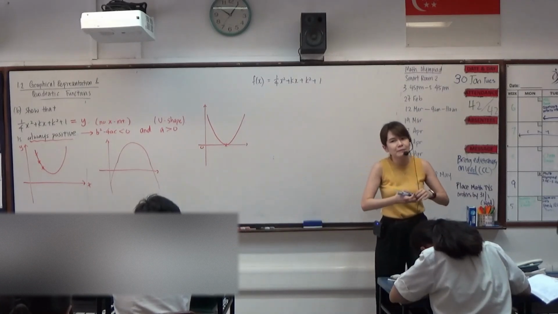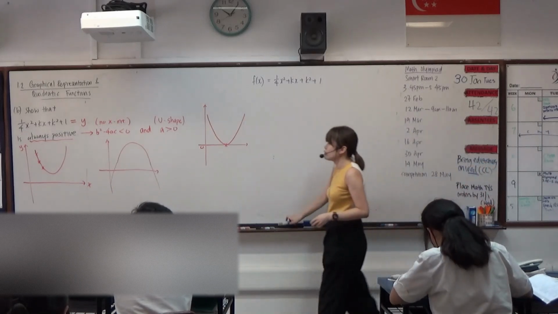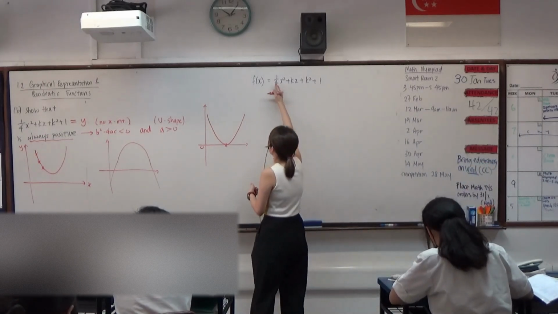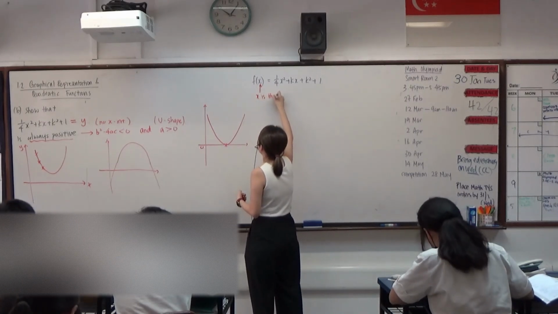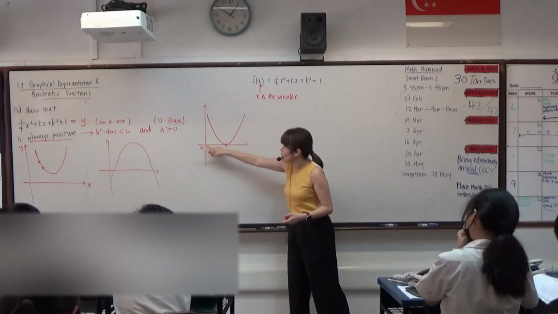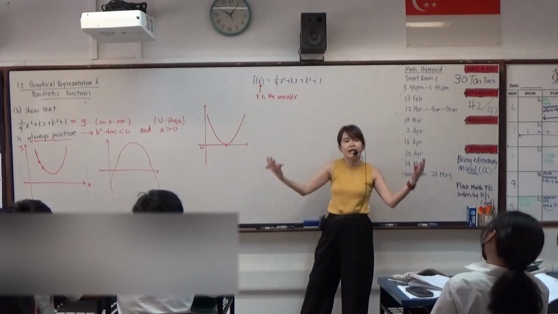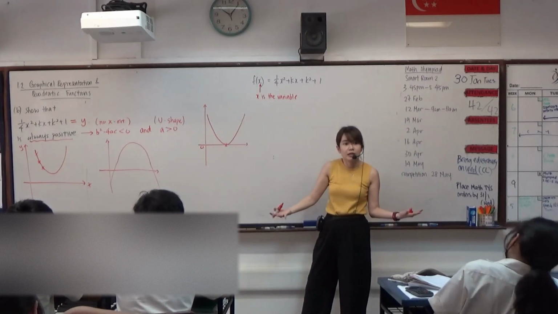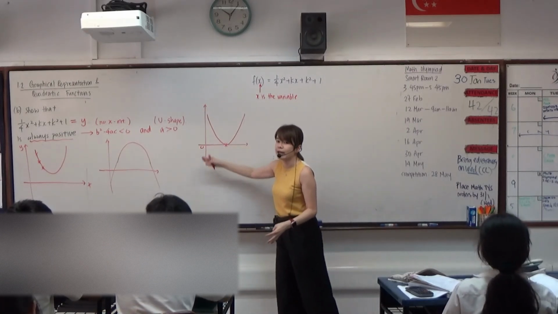This is the part where using f(x) might be better, to help you remember that your function here is in terms of x. x is the variable. That means we're looking at the x-axis, not the k-axis. We cannot have both a k and x-axis. Our graph is two-dimensional. I can only have an x-axis or y-axis.